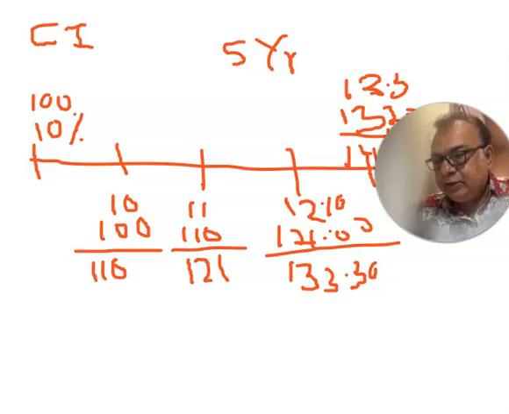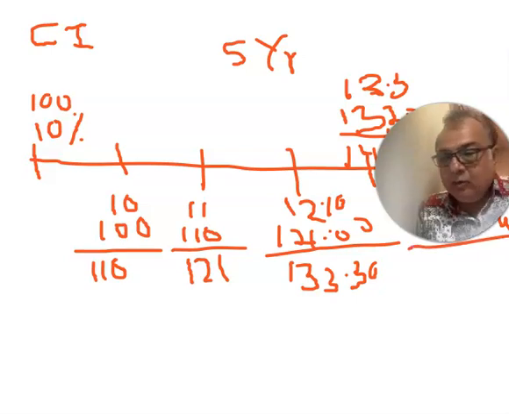Fifth year interest you will earn 14 rupees 64 paisa, and you will add it to 146.4. This amount becomes 161 rupees.